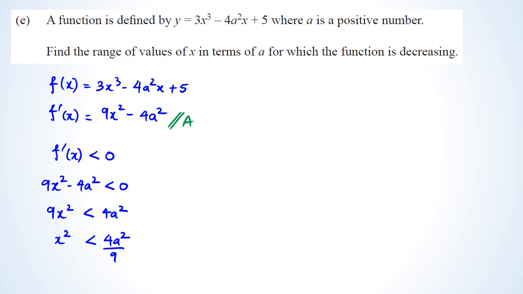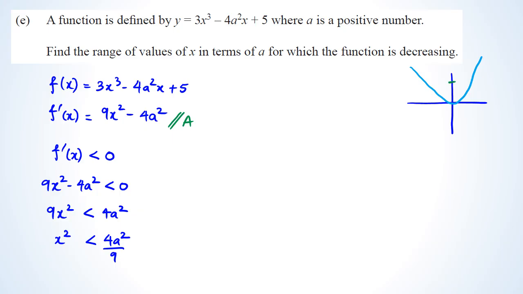Now think about this. Take, for example, what an x squared graph would look like. An x squared graph looks like this. Now, what we do know is a is a positive number. Let me just draw that graph in a slightly different color. So we've got an x squared graph that looks like this. We're trying to find at what point in this parabola the y value is going to be less than 4a squared over 9.